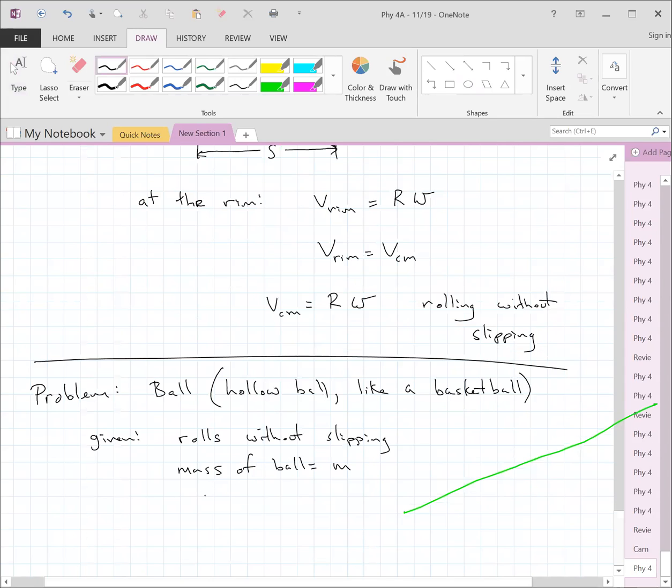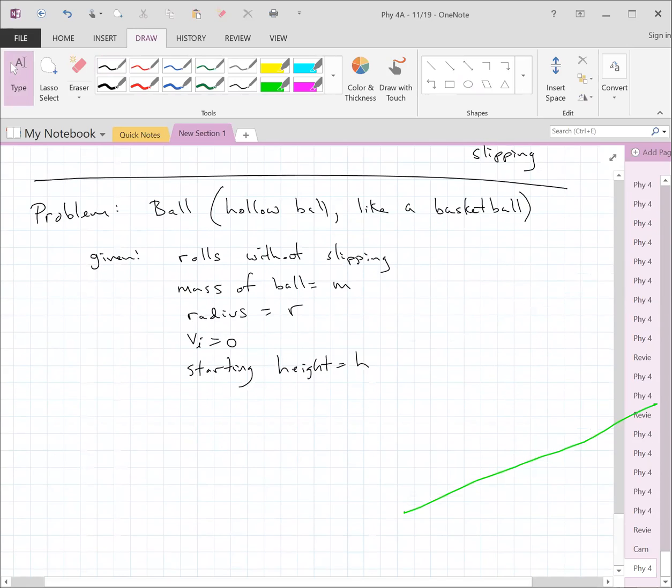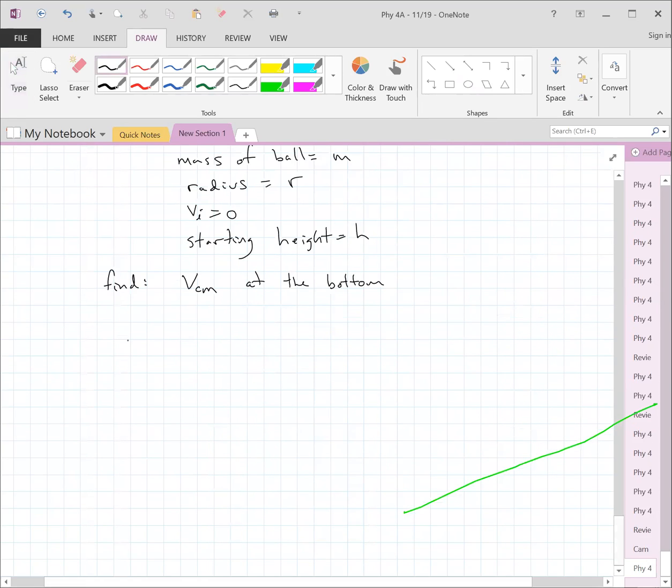Mass m, radius r, starts from rest, and starting height h. And we want to find the velocity of the center of mass at the bottom of the hill. So I'll draw you a little picture here. We've got a hill.